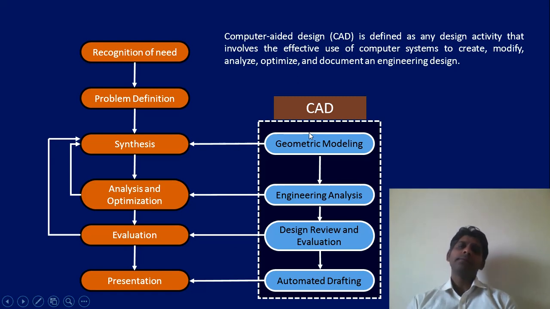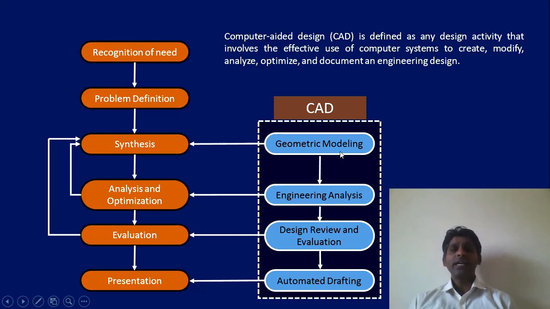Like for example, we have so many softwares in the market. Some of them exclusively are modeling softwares. Some of them are modeling and analysis softwares. To name a few, we have softwares that are given by Dassault Systems.